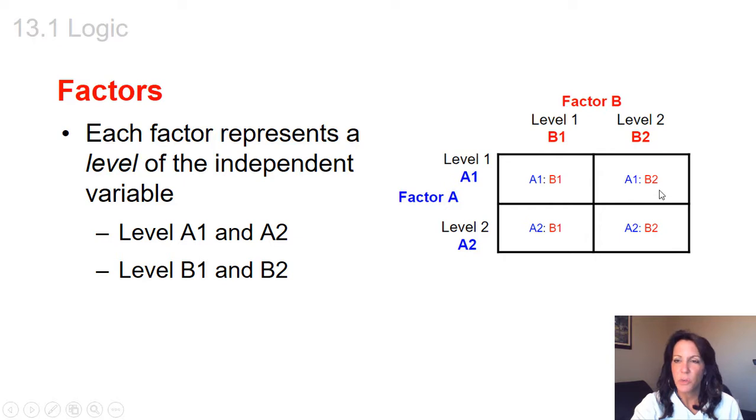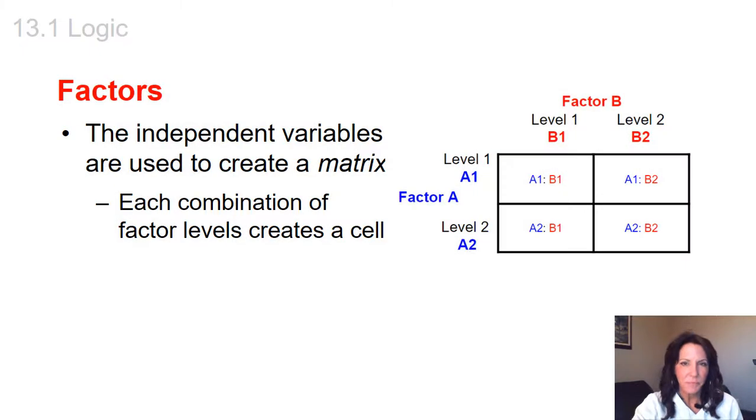And that's a unique group of people, A1 and B2. And then in the third group, we have level 2 of the A factor, A2, but B1. And the fourth one is A2 and B2. So basically what we're doing is we're taking the different levels of two different independent variables and putting them together. We're going to have lots of examples of this, so just keep this in mind.